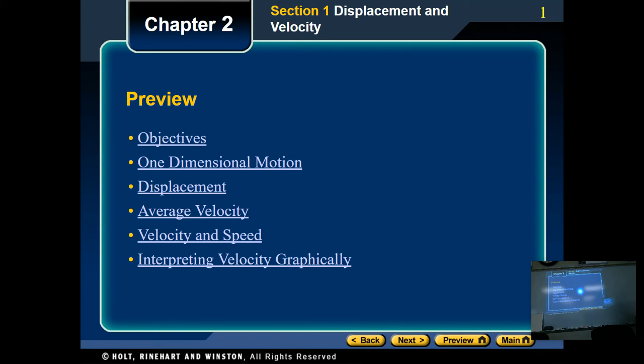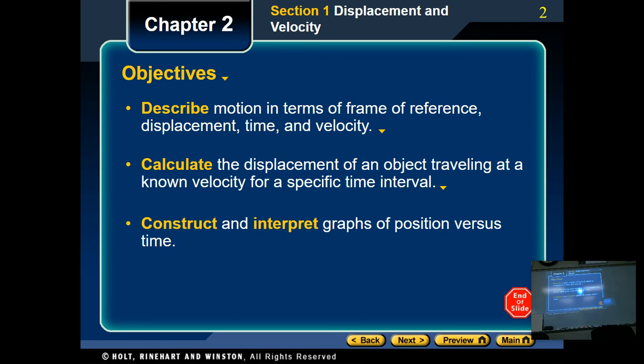All right. So this first section is dealing with displacement and velocity. And these are terms that you should hopefully have heard from our note taking. After this section, these are the objectives that we should be able to do. This is what we're going to be doing throughout today.